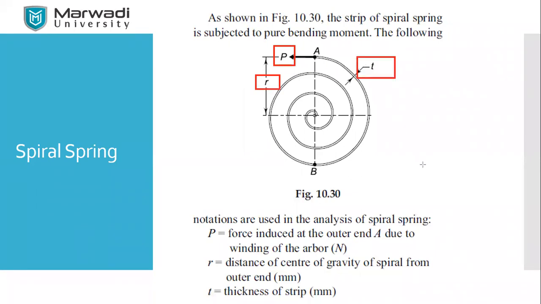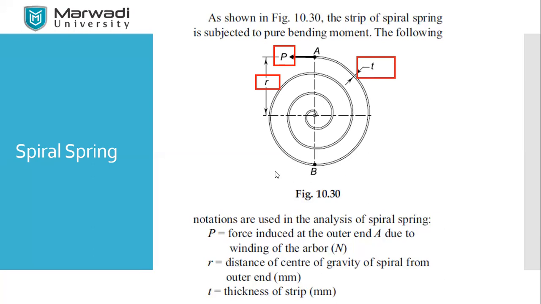From point A, you can see the force which we apply at the outer end at point A due to the winding of the arbor. Small r is the distance from the center of gravity of the spiral to the outer end, and small t is the thickness of the strip.